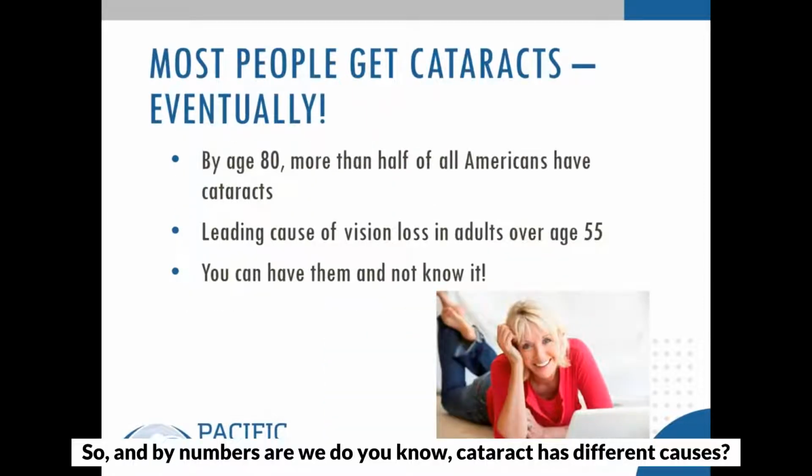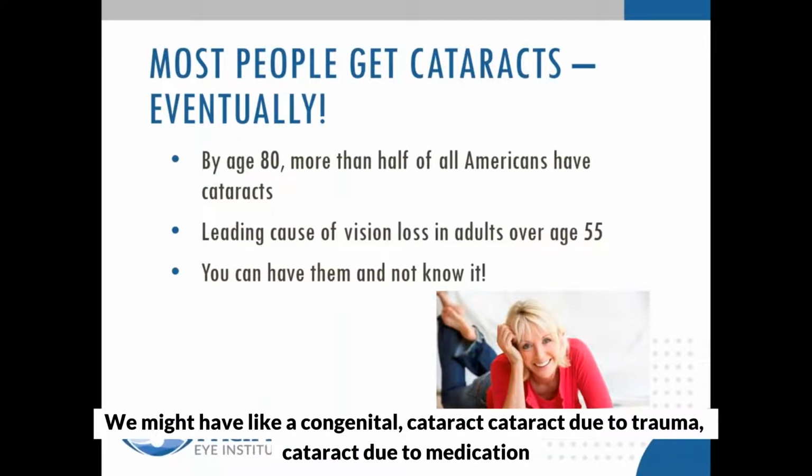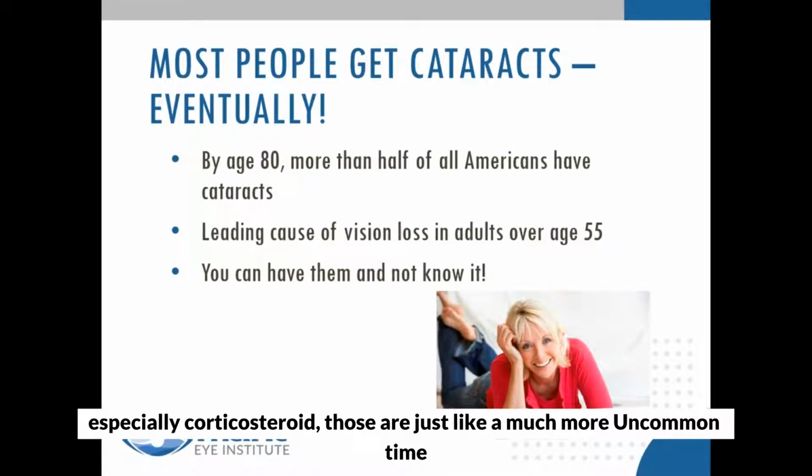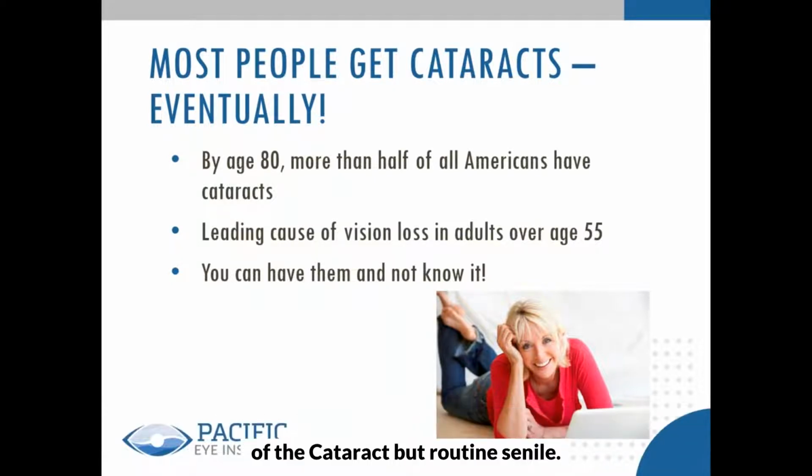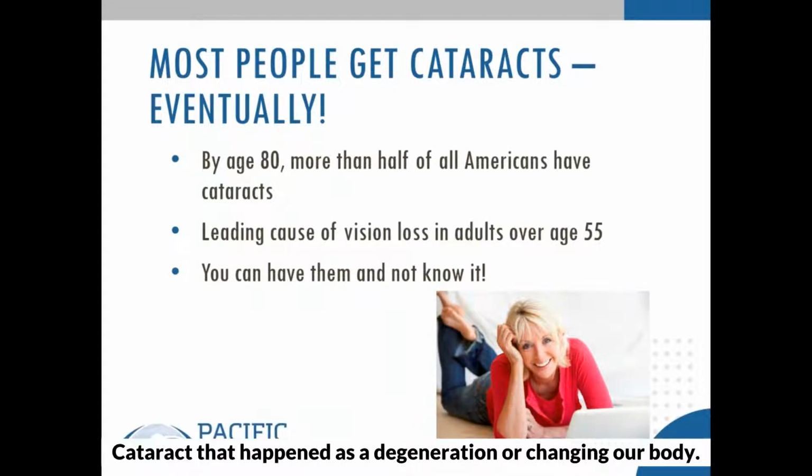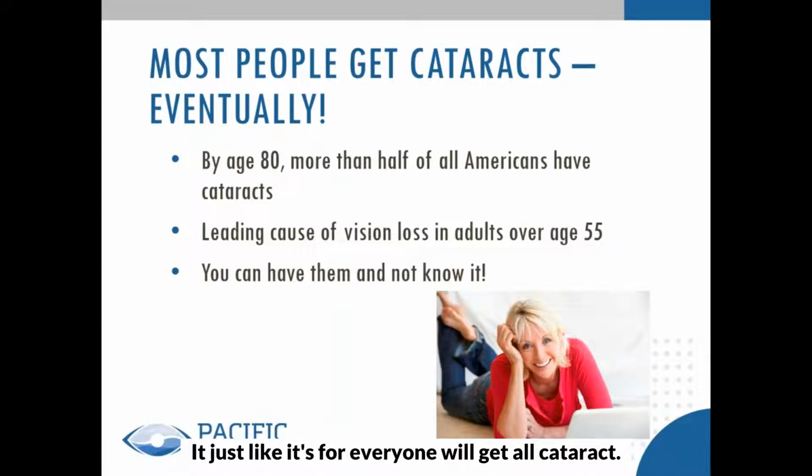So, by numbers, how are we doing? Cataract has different causes. We might have congenital cataract, cataract due to trauma, or cataract due to medication, especially corticosteroids. Those are much more uncommon types of cataract. But routine senile cataract, which happens as a degeneration or change in our body, is for everyone.